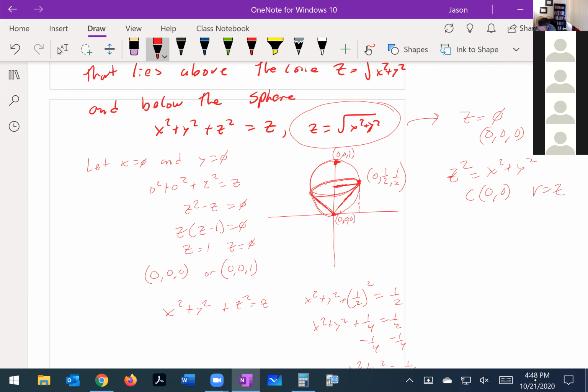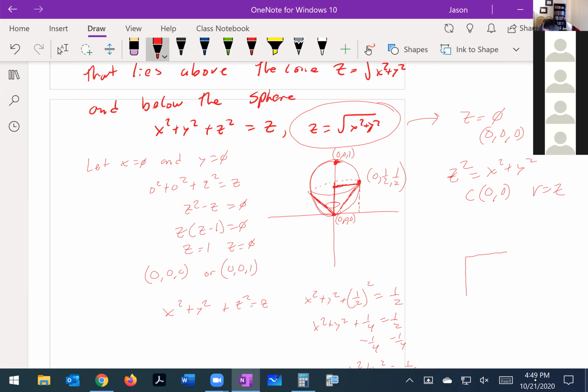So this cone's going to be made of these concentric circles of radius z. However far up we go, that's the radius. If I go up halfway, then that's the radius. If I go up a third of the way, then that's the radius. So the radius and z are equal. So it basically looks like this.